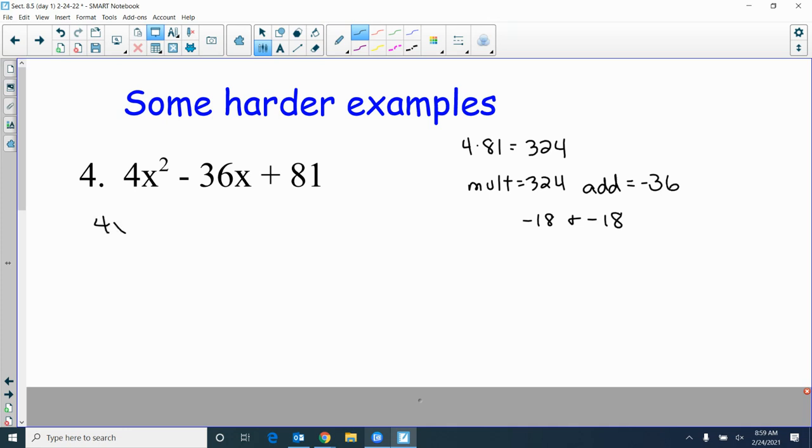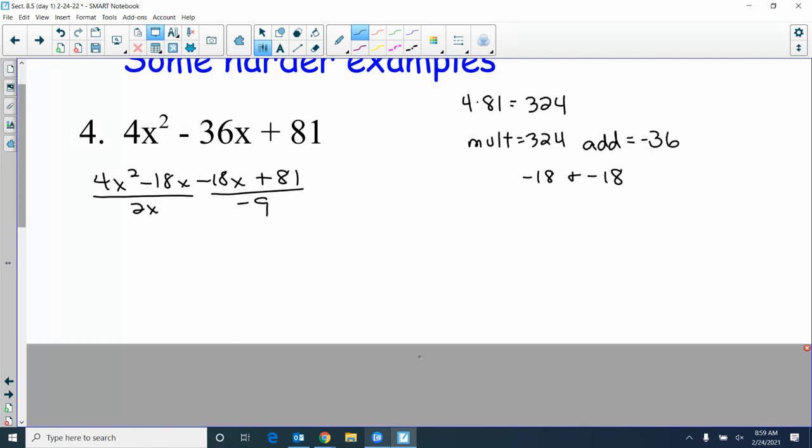So this is 4x squared minus 18x minus 18x plus 81. That gives me a GCF of 2x. And how about that second set? Jordan? Negative 9. Good.